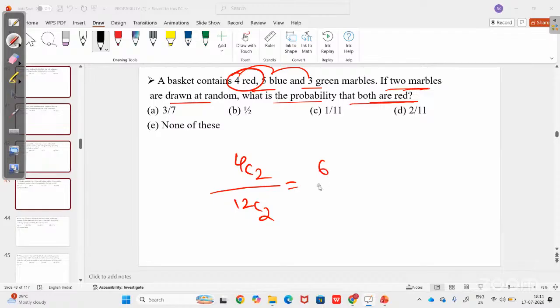12C2. 4C2 is nothing but 6. 12C2 is nothing but 12 into 11 by 2. 2 ones are 2, 2 sixes are 12.